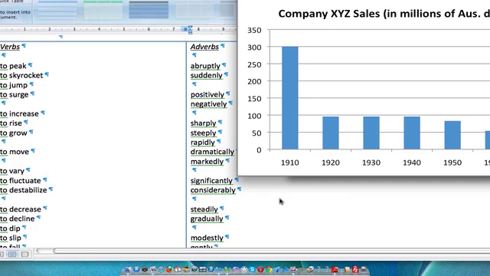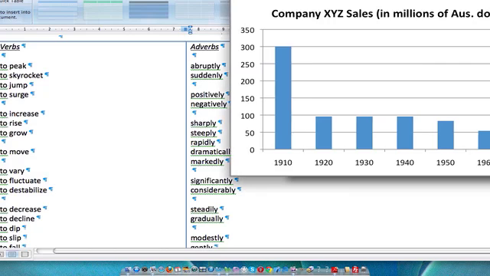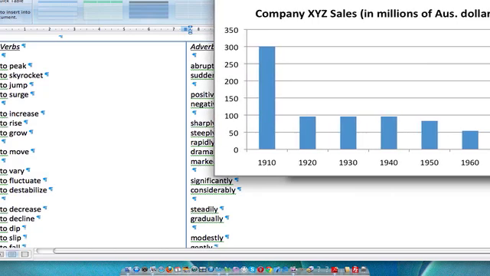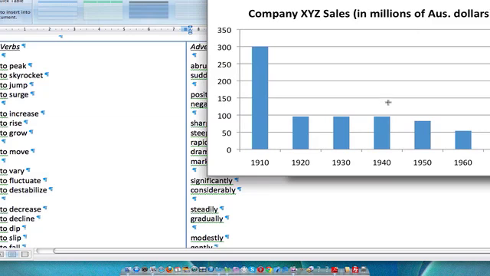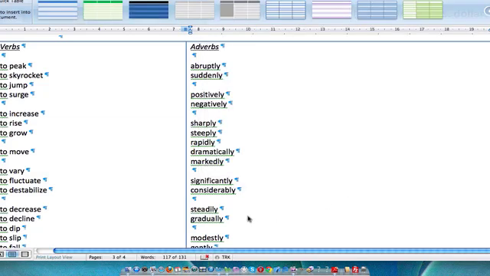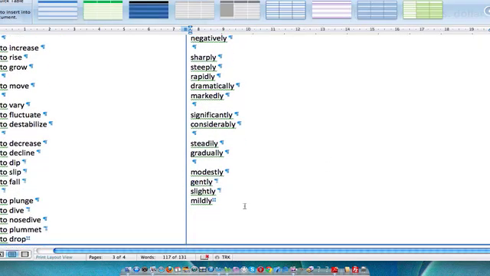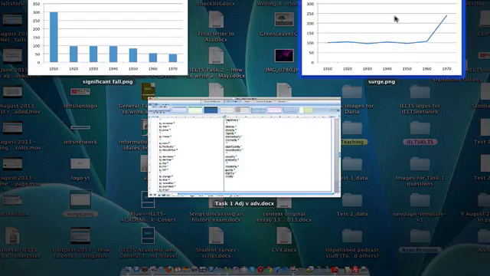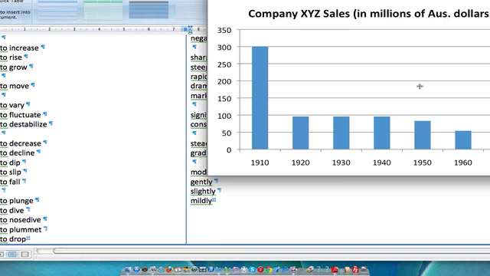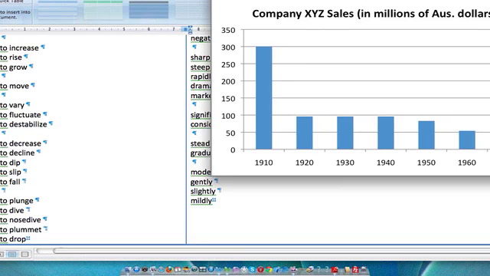Steadily, gradually. Okay, so the sales experienced negative growth, and we could say that between 1940 and 1970, sales declined steadily. Modestly, gently, slightly, mildly. And so these words probably would want to reserve them for describing, say, differences between a 1960 and 1970 figure.